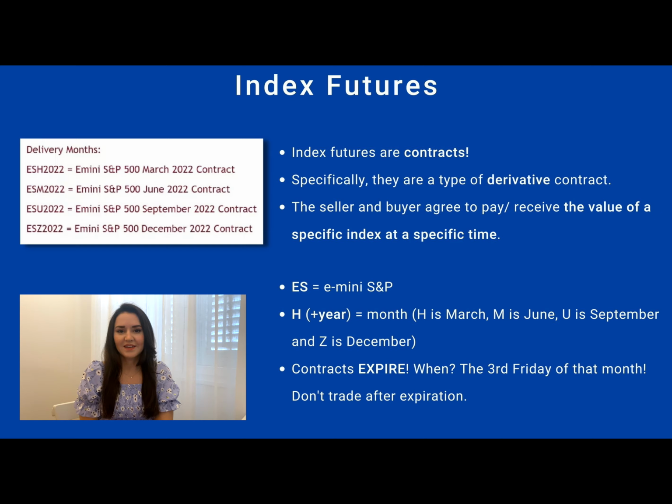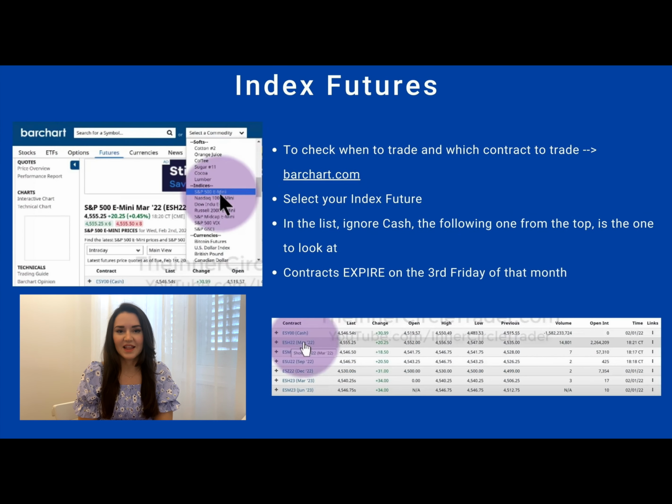When should we trade which contract? Well, to answer that question, we can go on barchart.com and select in the top menu the index future that we are interested in. A list appears with different contracts for that specific index, and we should be ignoring cash because it is not what we are looking at.